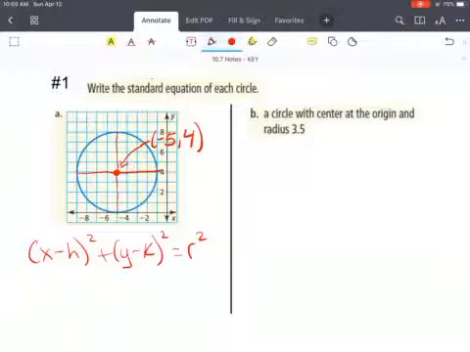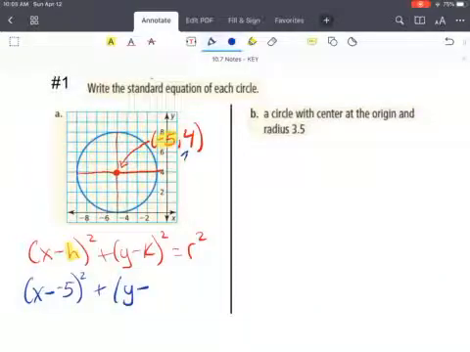So that means that negative 5 has to go in for my h, which is going to make my equation go to x minus negative 5 squared plus y minus, and then my k value, 4 squared, equals whatever my radius is.